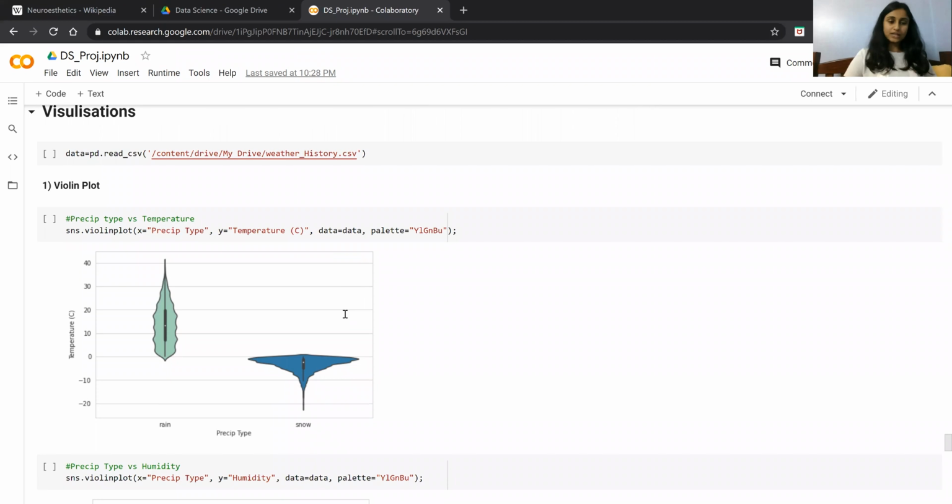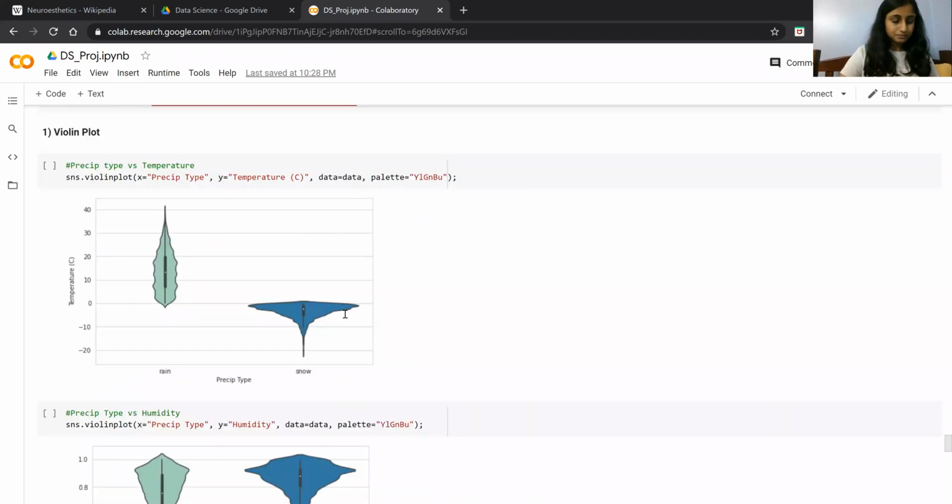Next, we're just doing visualizations using violin plot. What the violin plot does is, there is a tiny white dot here, and that white dot is basically the median, it displays the median value. So we have plotted a violin plot for precipitation type, temperature versus precipitation type.